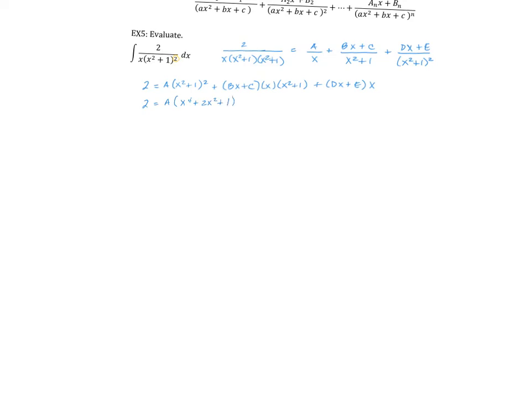Oh, maybe I shouldn't have done it this way. Oh well, I'm committed to doing it. I think I'm going to leave the Bx plus C, and I'm going to distribute this x to get x to the 3rd plus x. Well, at least this is easy, Dx squared plus Ex.